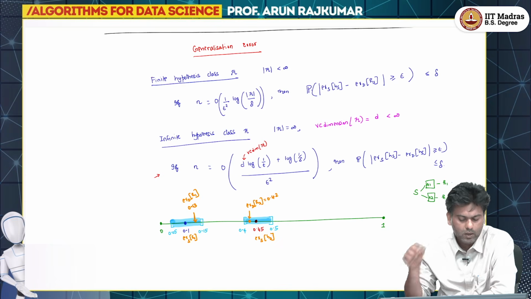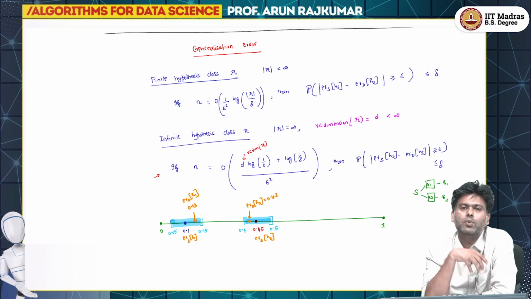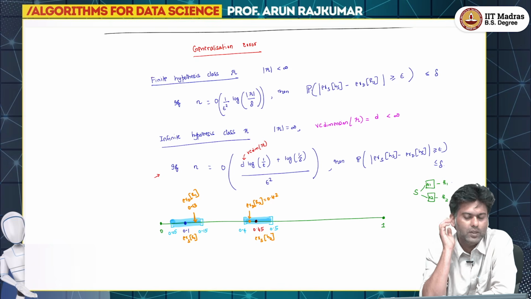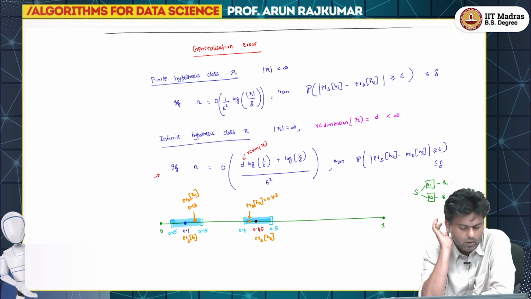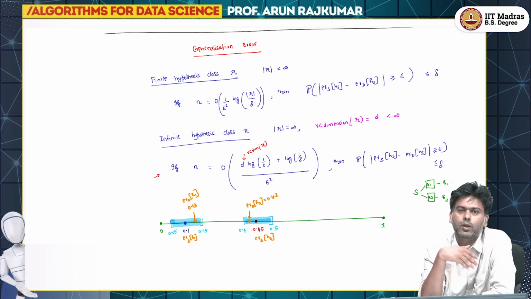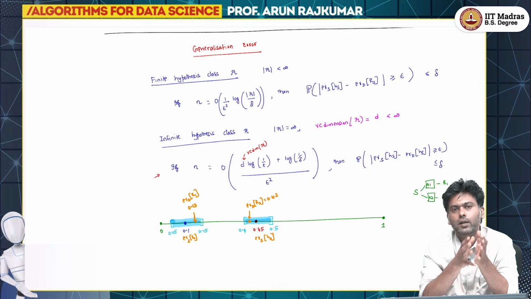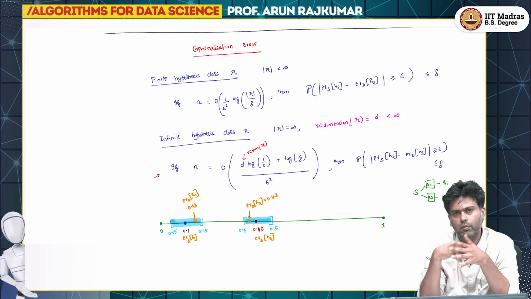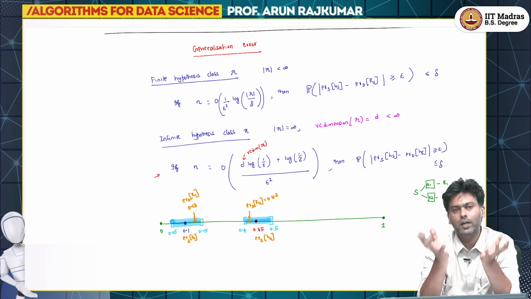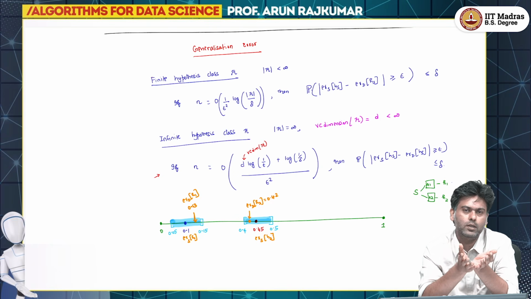What this is telling me is that all of this happens with very high probability. I am assuming that it is in this range, with the caveat that all the statements I am making are with high probability, not absolute truth, because you might be very unlucky and get a data set which is not representative of the true distribution at all. That means seeing a data set like this is a very low probable event.